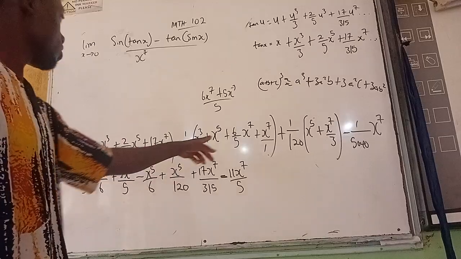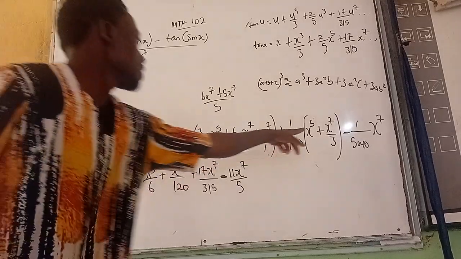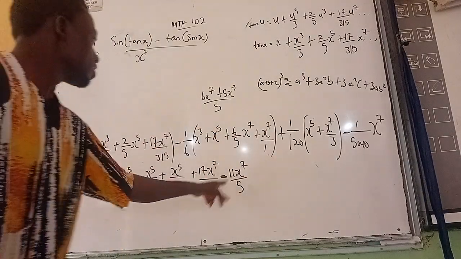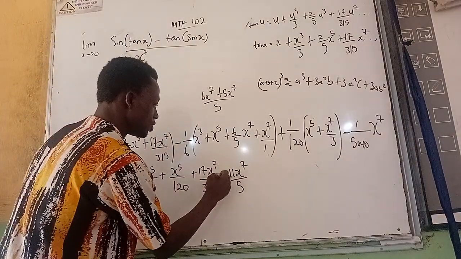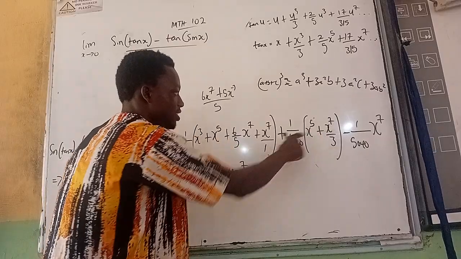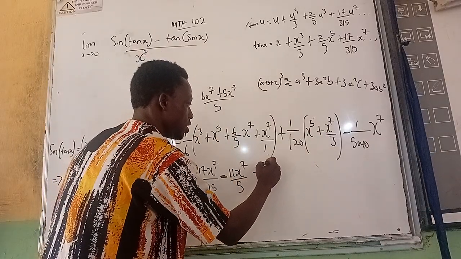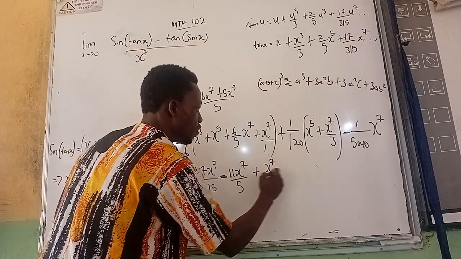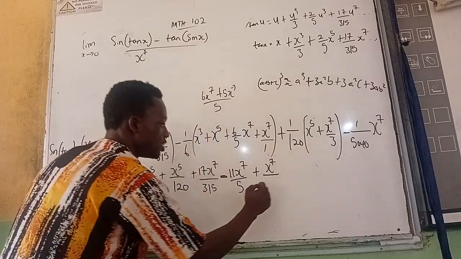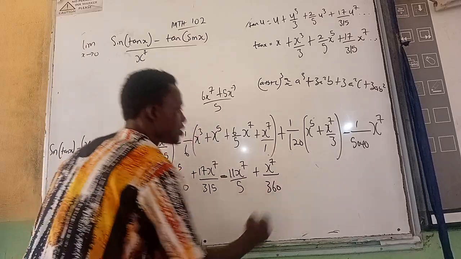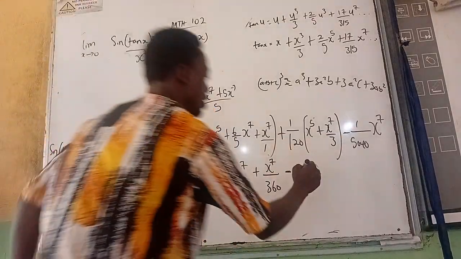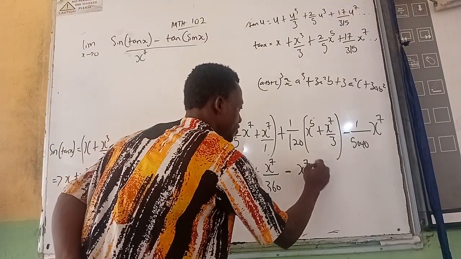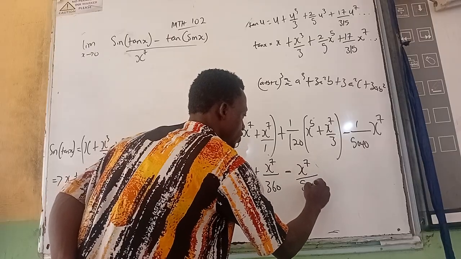This one is subtraction. The 120 here is plus. This one is minus because of this minus outside, minus times this. We have another x^7 plus x^7 over 120 times 3, which is 360. We have another one, minus x^7 over 5040.